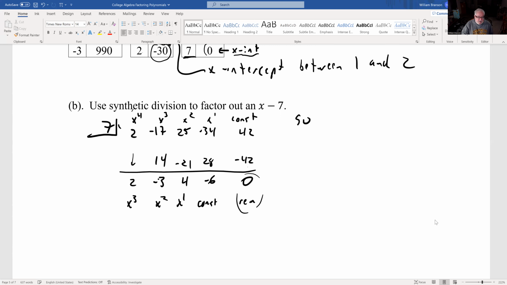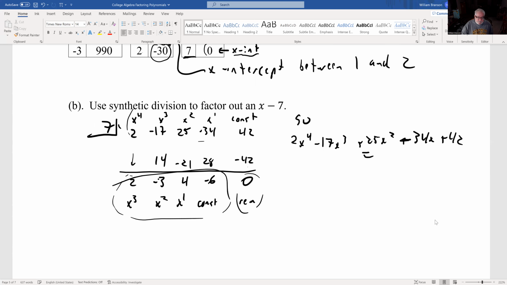So this polynomial here, which is 2x to the 4th minus 17x cubed plus 25x squared minus 34x plus 42, is equal to this polynomial, 2x cubed minus 3x squared plus 4x minus 6, times the factor x minus 7 that we've now factored out.